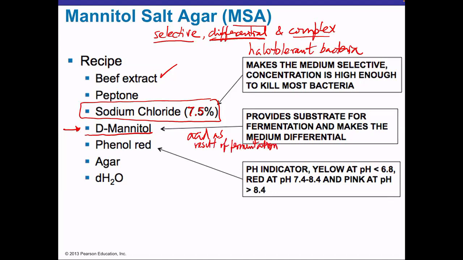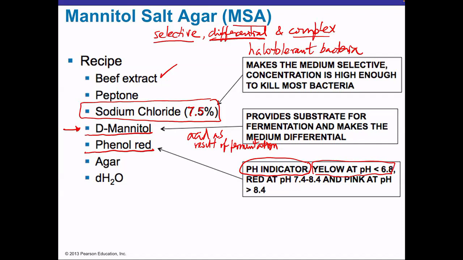And if the bacteria growing there is able to ferment that D-mannitol and produce acid, this medium that is initially red will change color because of the presence of a pH indicator. The pH indicator changes the color of the medium, or also the color of the colonies, depending on the production of this acid due to fermentation. When the medium becomes acidic because of the fermentation, the medium will change color from red to yellow.